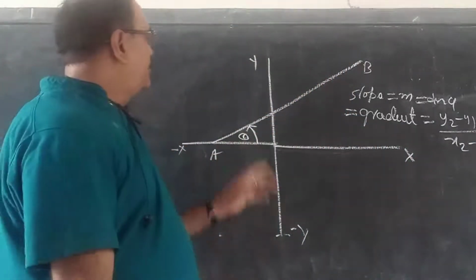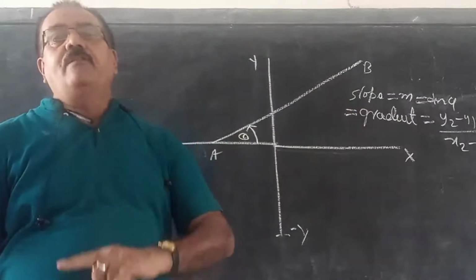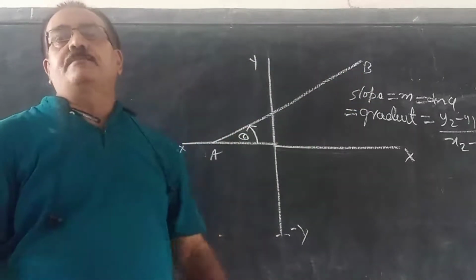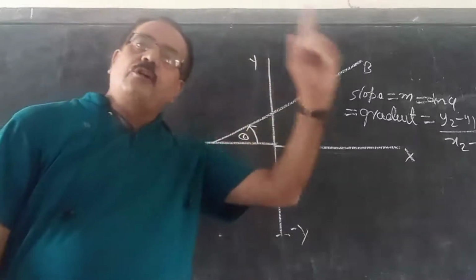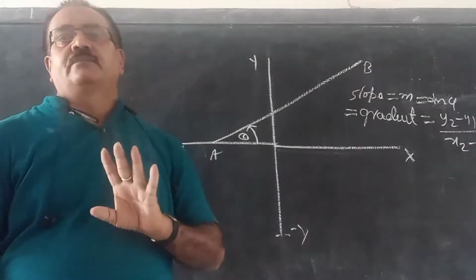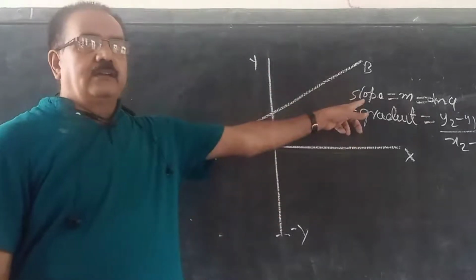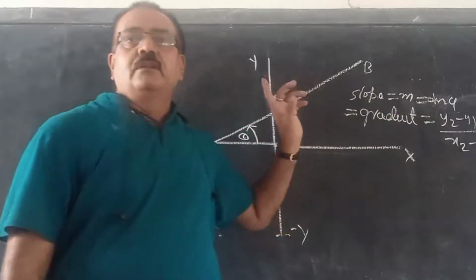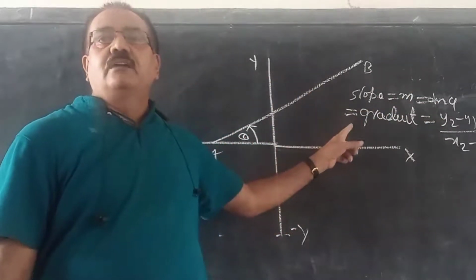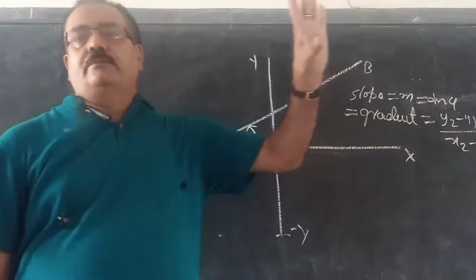Once again, what is slope? If a line makes an angle with the x-axis in positive direction. What is positive direction? Anti-clockwise direction is the positive direction. Then it is known as slope. Slope is denoted by m. It is equal to tan theta. It is also known as the gradient, and it is also equal to y2 minus y1 by x2 minus x1.